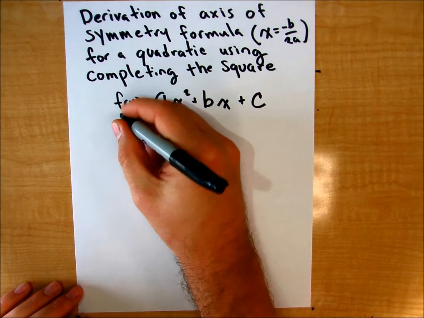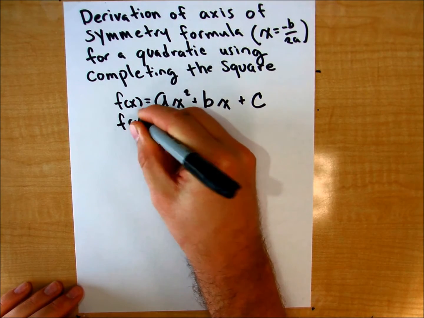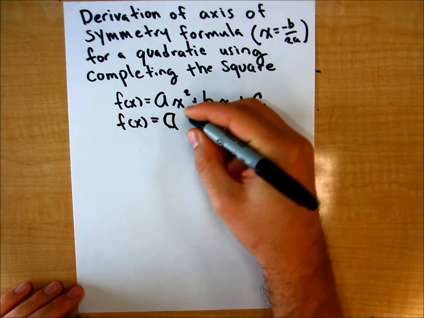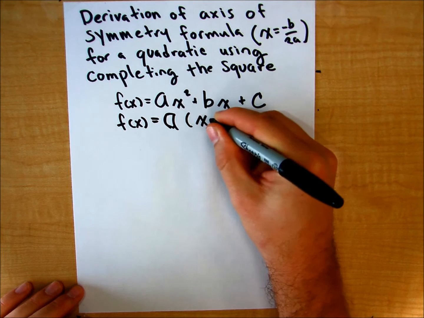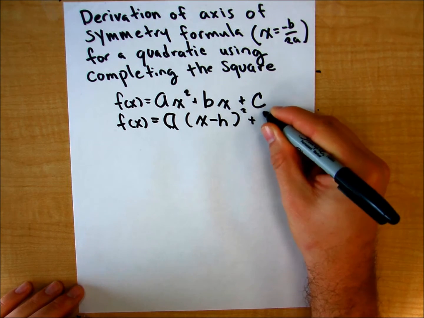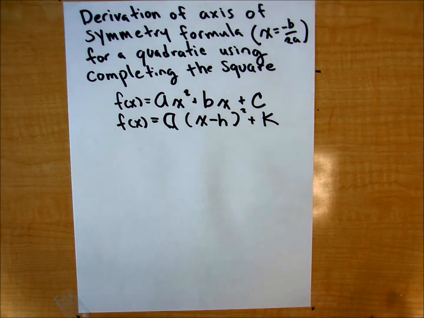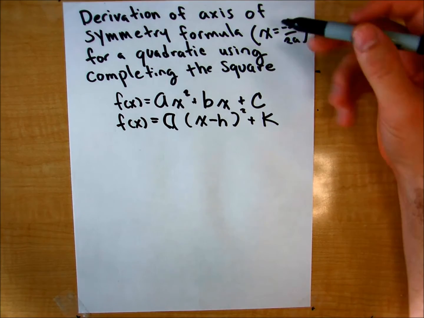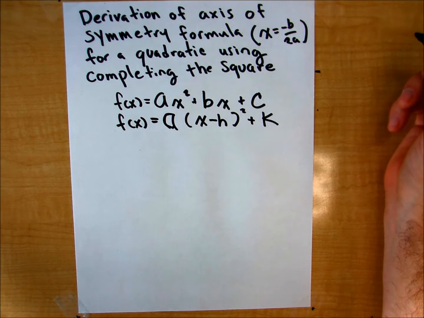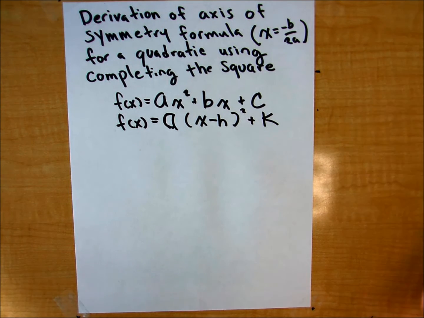So the vertex form of a quadratic equation is a times x minus h squared plus k, where h is our axis of symmetry or our x value of our vertex, however you want to look at it.